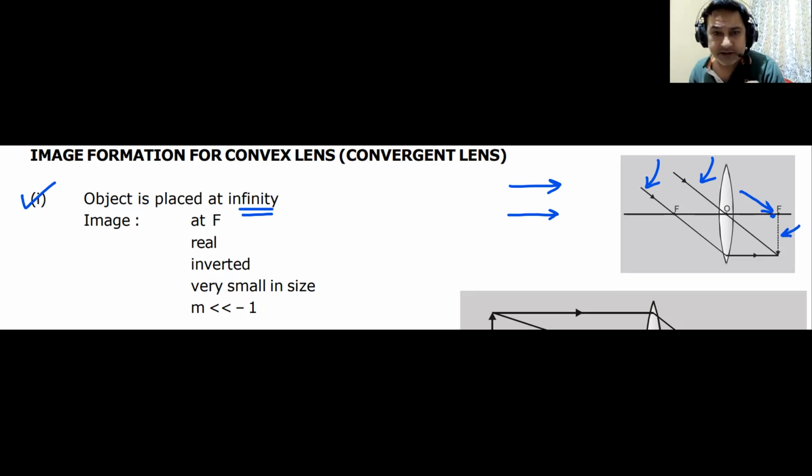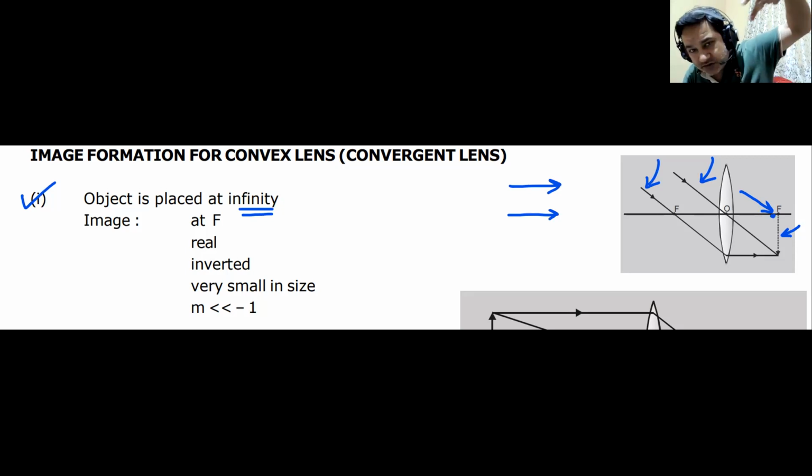It is still formed at the focus, but you see some length or some height of that image. It is not a point image. That is the difference between light which is parallel to the principal axis and light which is not parallel to the principal axis. Light which is parallel to the principal axis will always give you a point image.